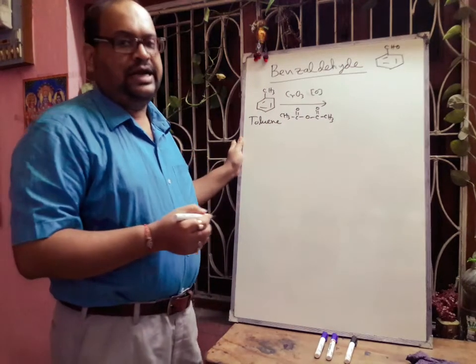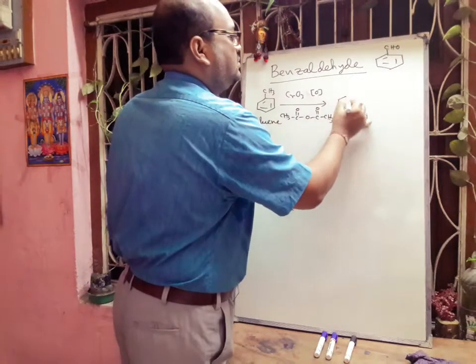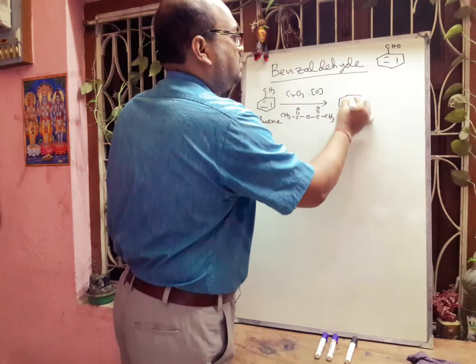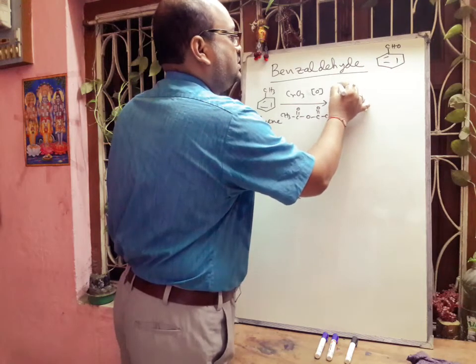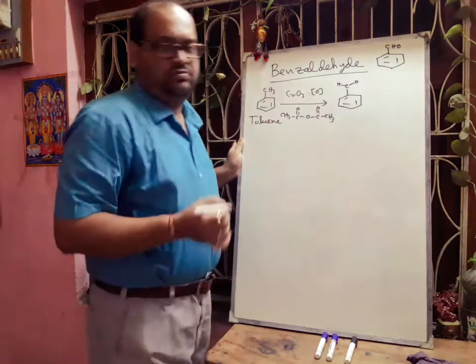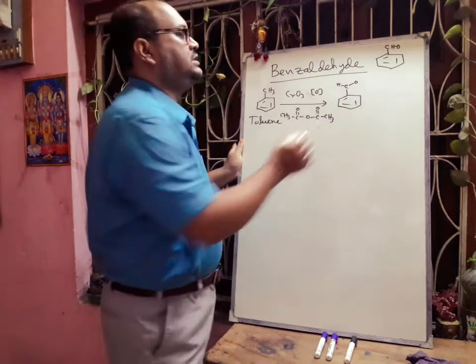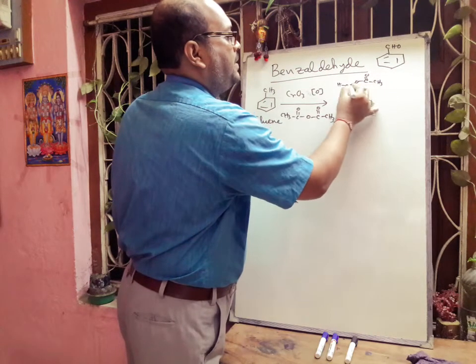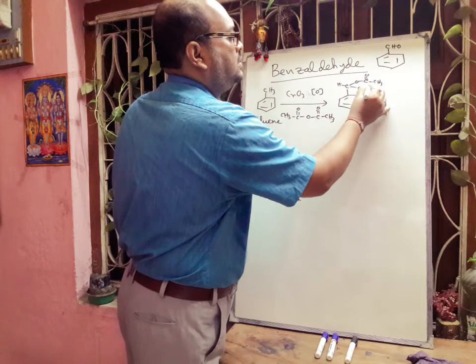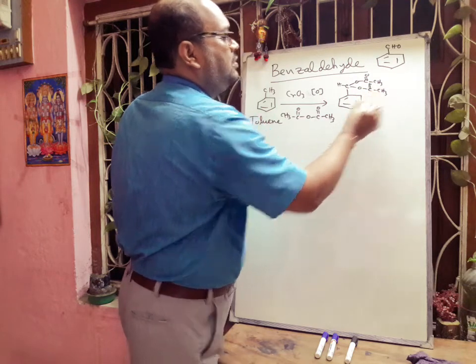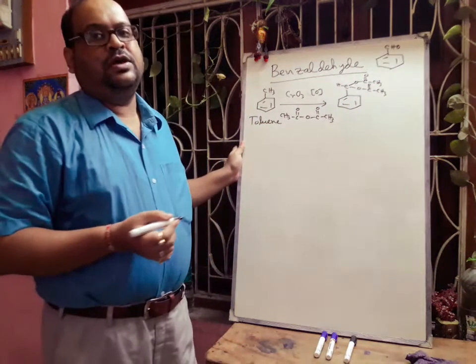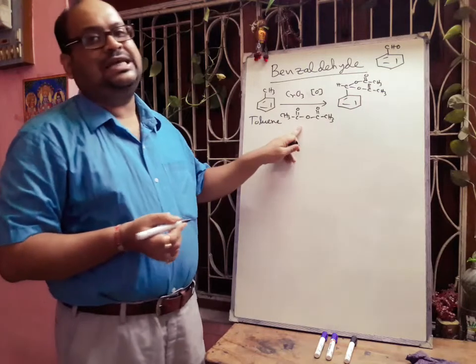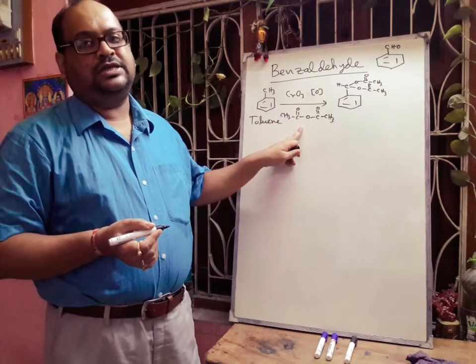So here we will get this compound, the gem diacetate, CH(OCOCH3)2. We are using the acetic anhydride to prevent further oxidation.